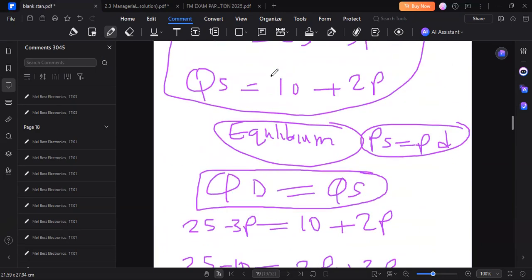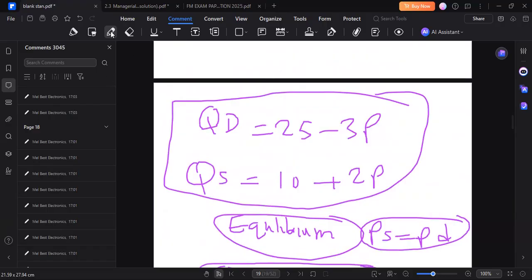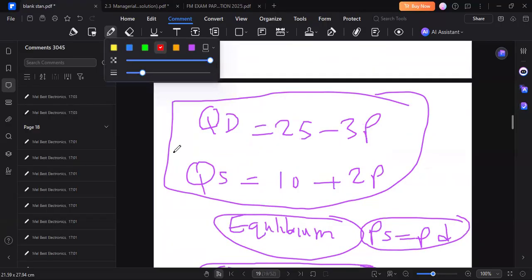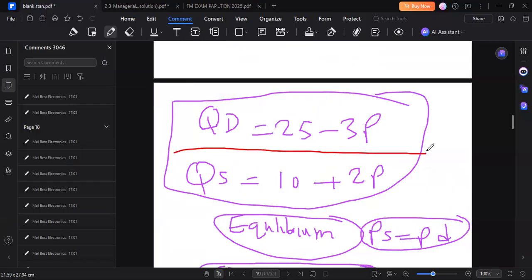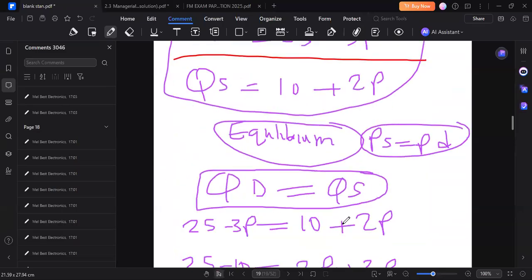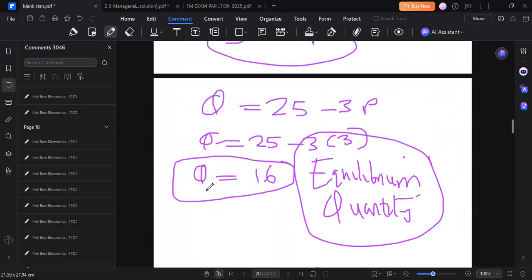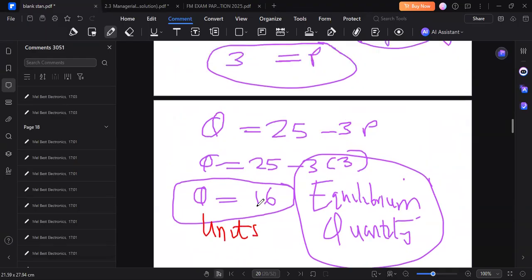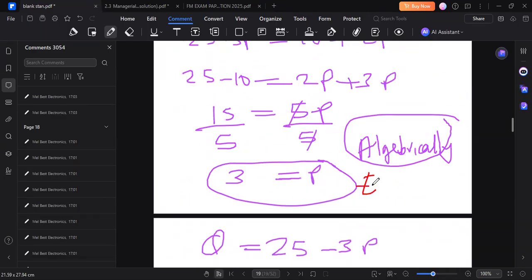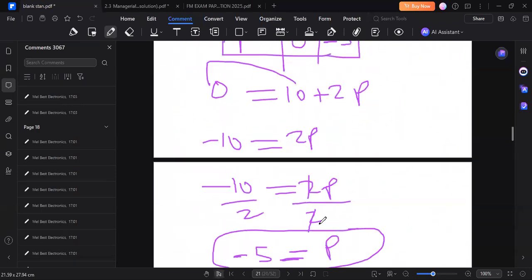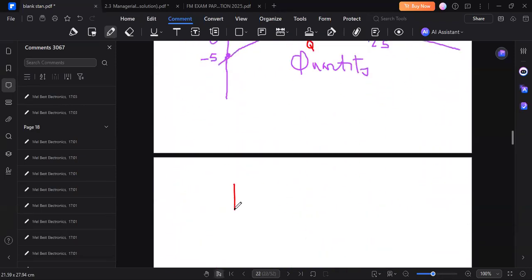Using the same equations, this is the demand and this is the supply. Let's substitute 4 here. At equilibrium, the quantity was 16 units. Now there is a price floor of 4.